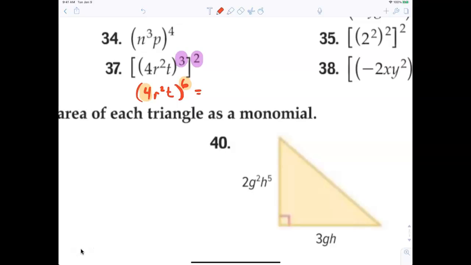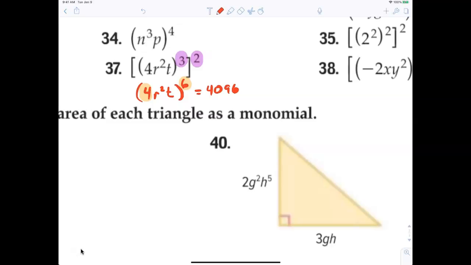Somebody check me. So again, I wouldn't expect you to know that. Usually the numbers are small enough, but if you have to, you can use your calculator on 4 to the 6th. Eventually, I'll show you how you can do it, or you can know that's 4096.